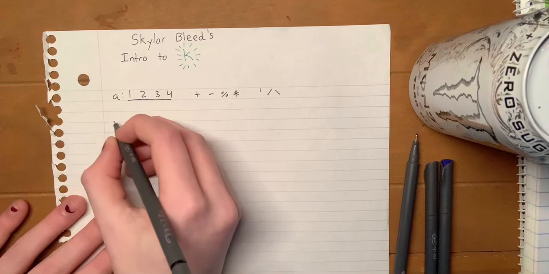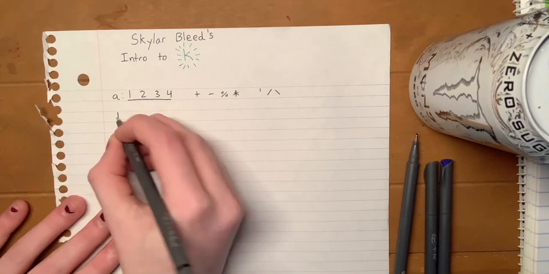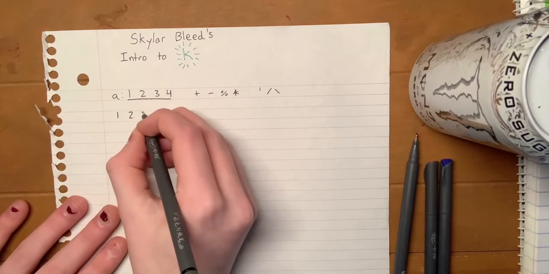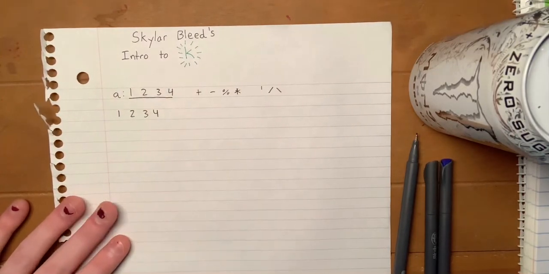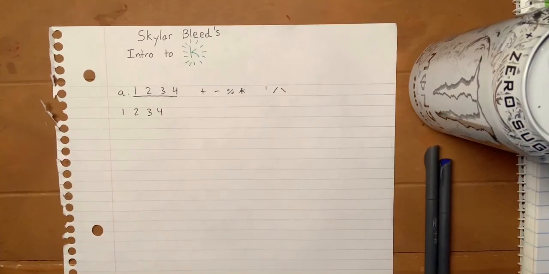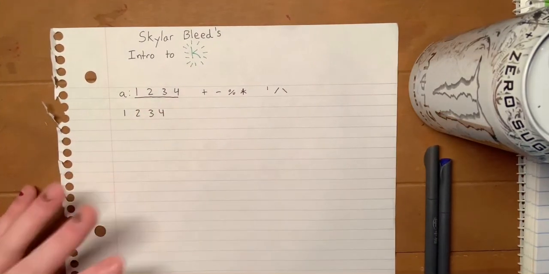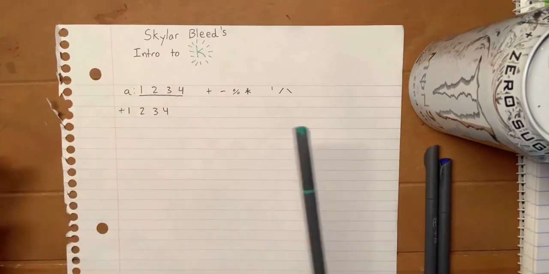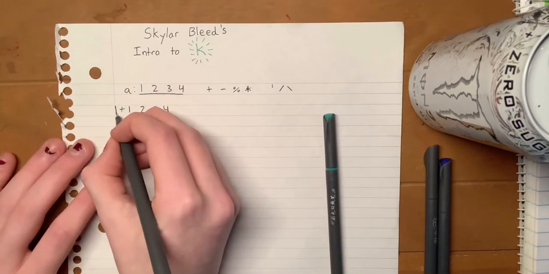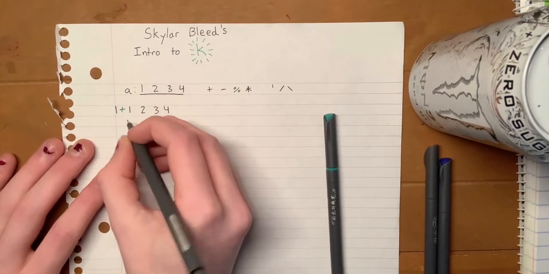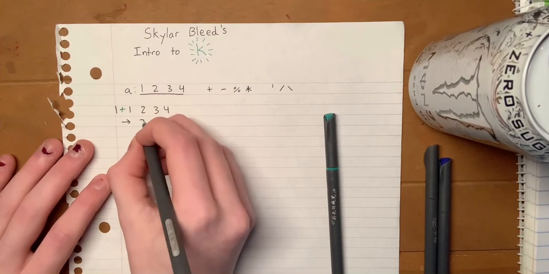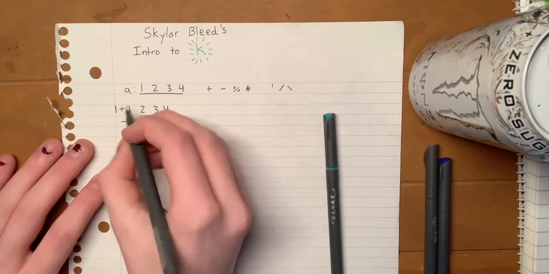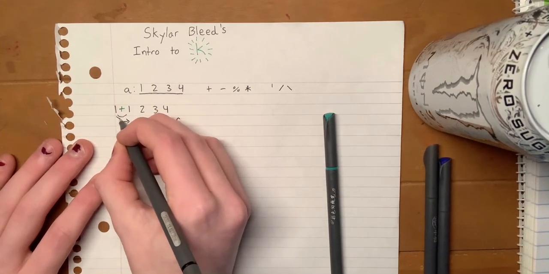If we have a list such as 1, 2, 3, 4, you can take a function like plus and add 1 over each member of that array. So this will return the array 2, 3, 4, 5 by adding 1 onto each one of these elements.